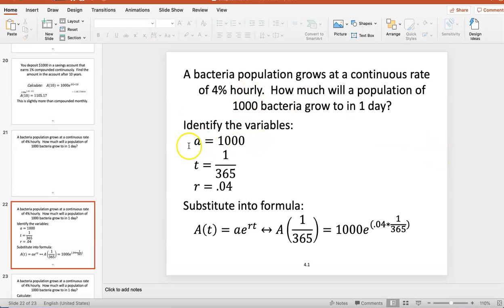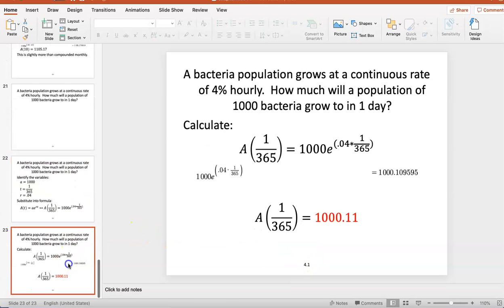Well, we're identifying everything. We start out with 1,000. Your time is 1 day. That's 1 out of 365, because remember, time is yearly, and the rate is 4%. So if you substitute in, remember now to change it to 1 divided by 365 because it's just per day.